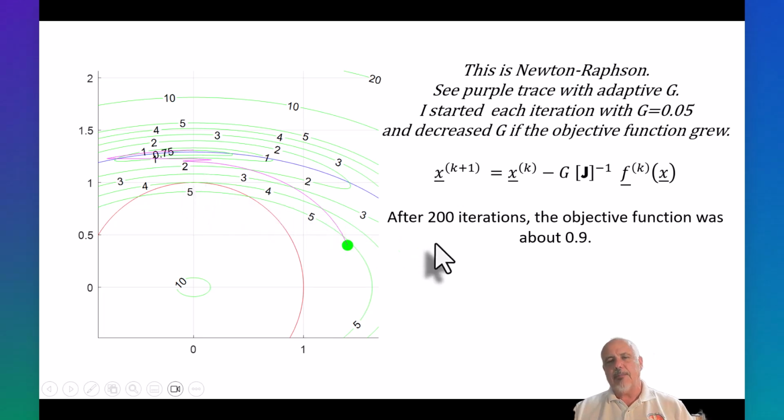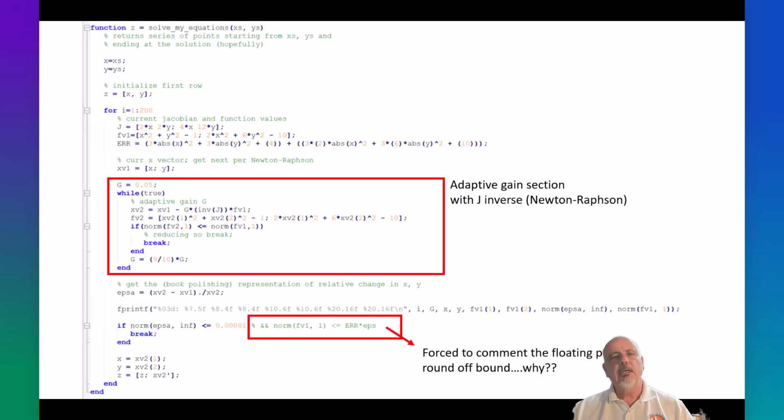But that's not what happened. So 200 iterations, the objective function ended up being about 0.9, and the objective function was the 1 norm of the vector of functions.